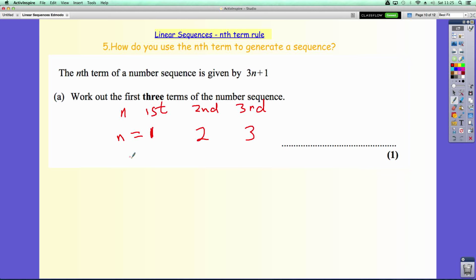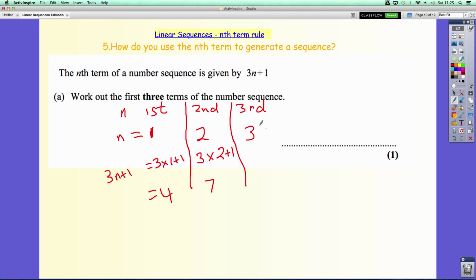So first one is going to be 3 times 1 plus 1, which gets me 3 times 1 is 3 plus 1 is 4. My second, I'm just going to draw a line so I can separate it so that we don't get them confused. 3 times 2 plus 1, and so 3 times 2 is 6 plus 1 is 7.